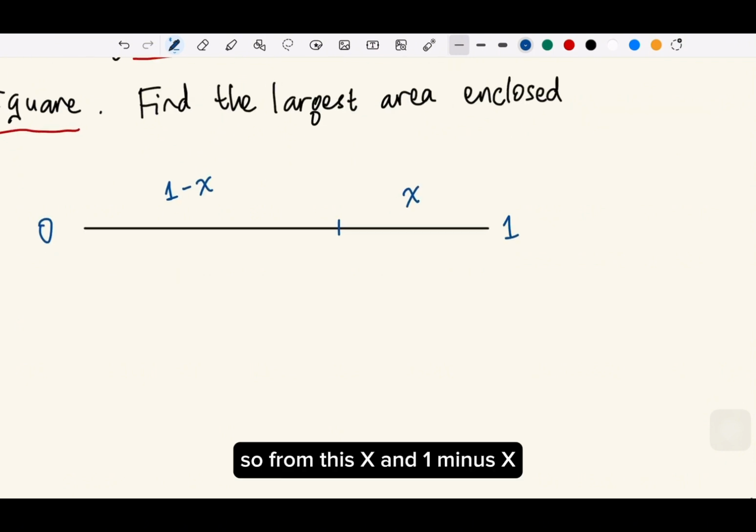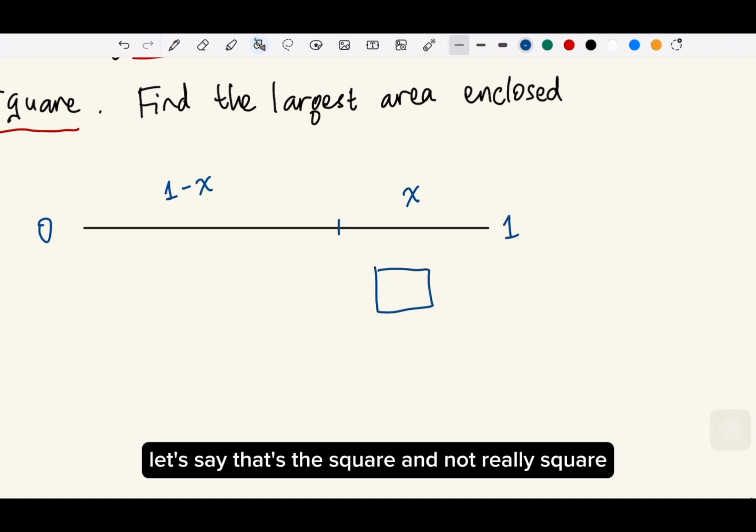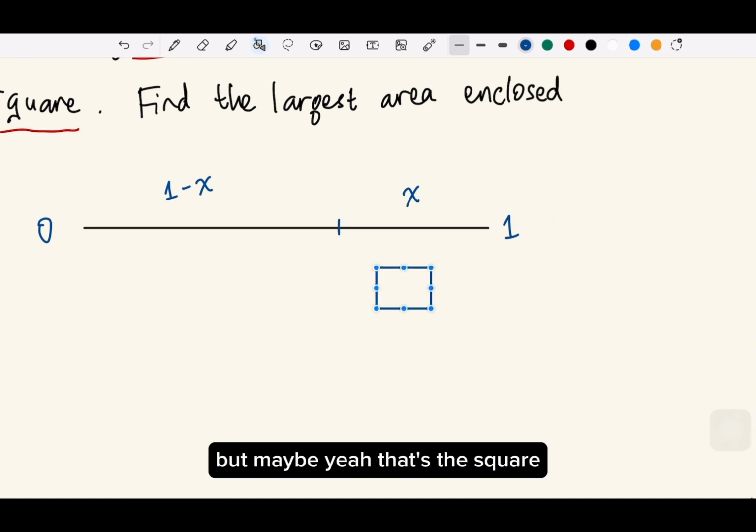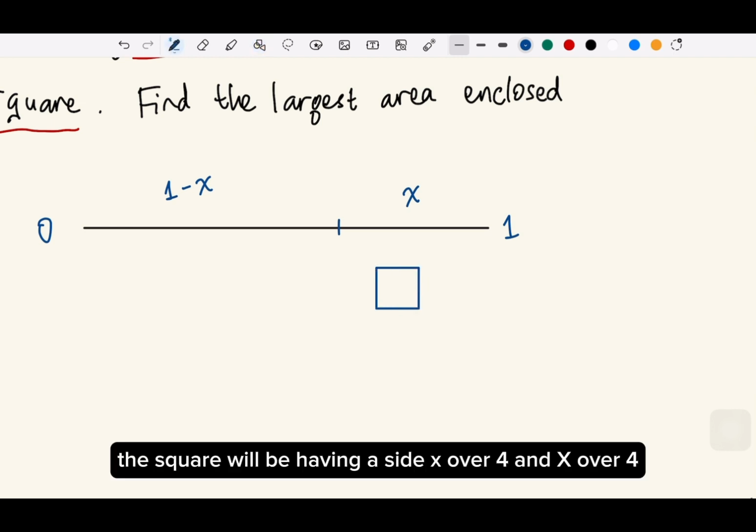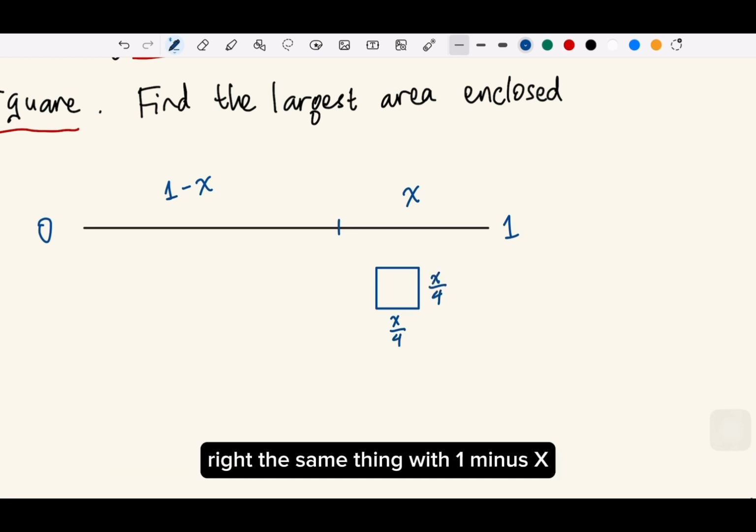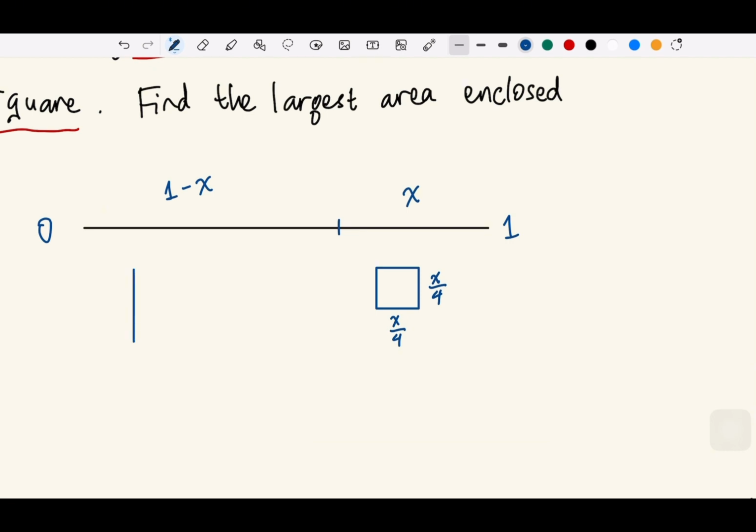So from this x and 1 minus x, we are going to make a square. Let's say that's the square, not really square, but yeah, that's the square. The square will have sides x over 4 and x over 4, right? The same thing with 1 minus x.